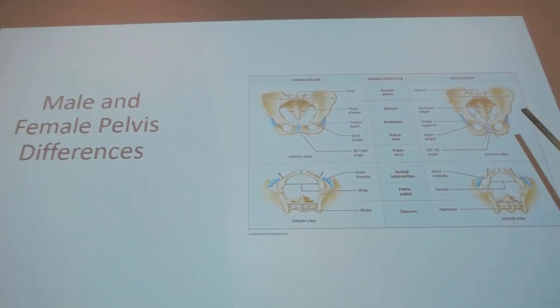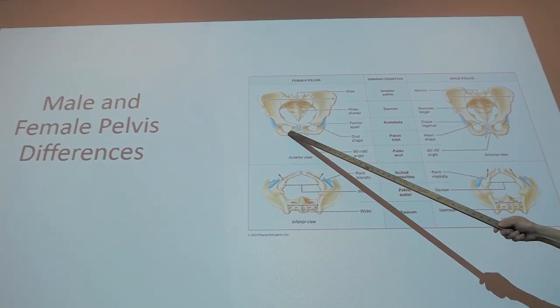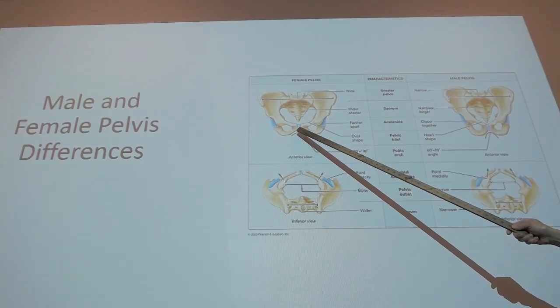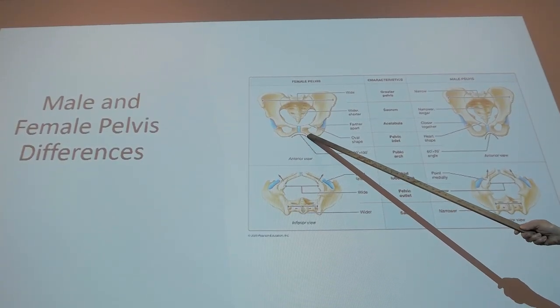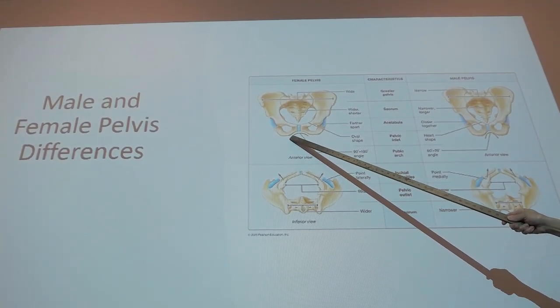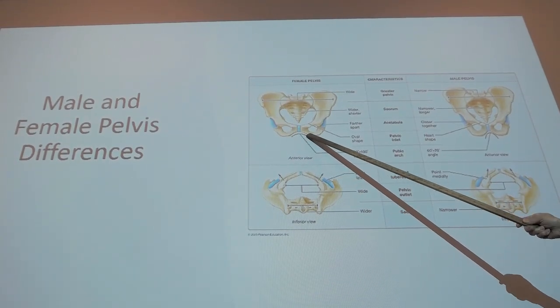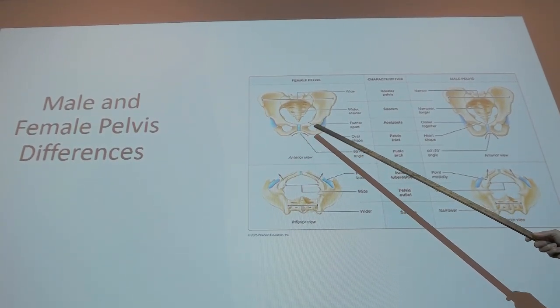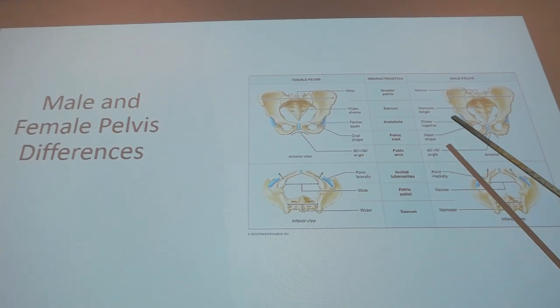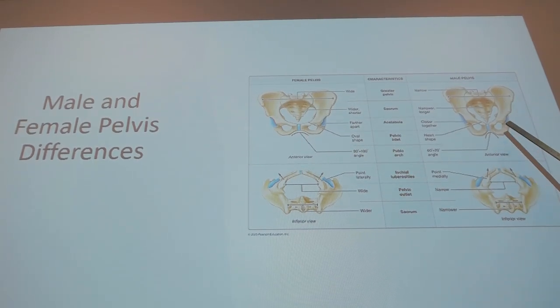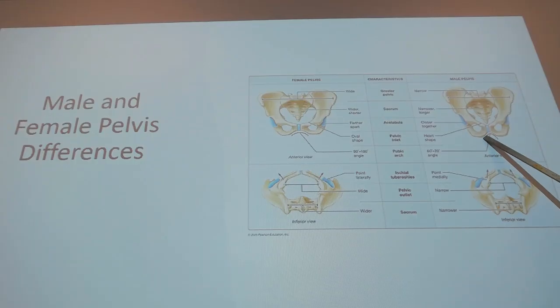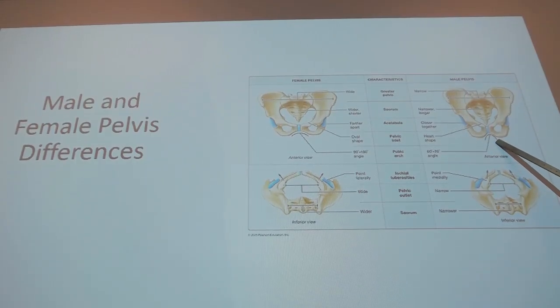And then for the pubic angle, the space between the right and the left pubic bones, so it's just below this pubic symphysis. In females, it's between 90 to 100 degrees, an obtuse angle, so it's wider in females than in males. In males, it is between 60 to 70 degrees.